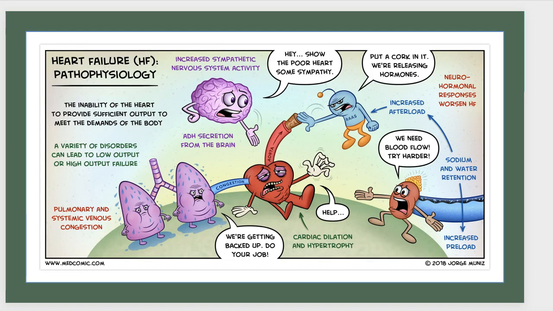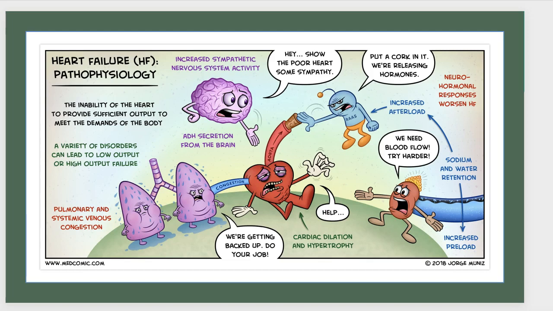I love this slide because it gives a good schematic of actually what's happening. So we're looking at the inability of the heart to provide sufficient output to meet the demands of the body. There's a variety of disorders that can lead to low output or high output failure. We will see pulmonary and systemic venous congestion.